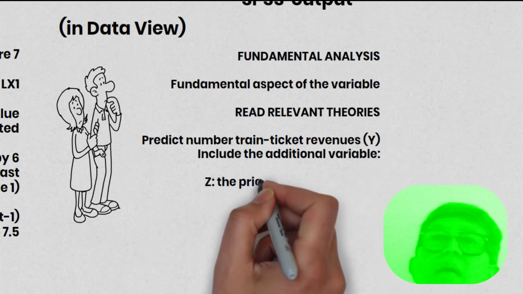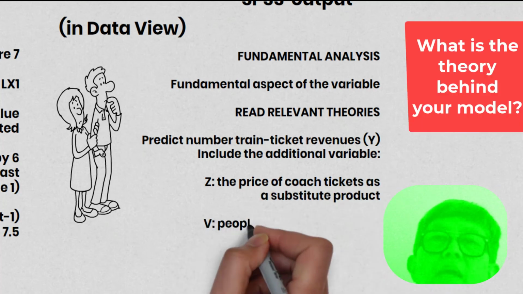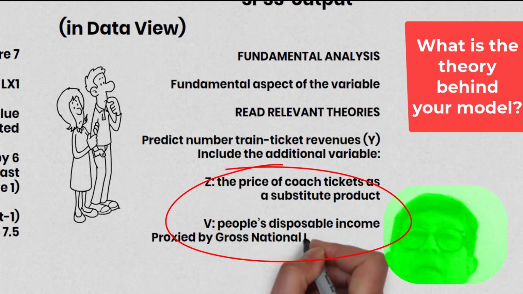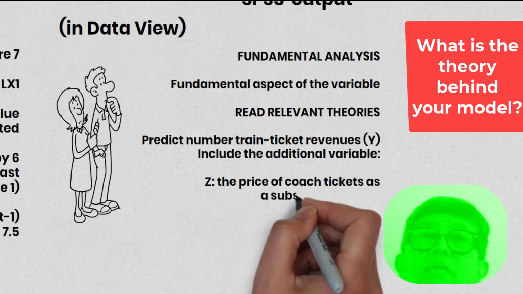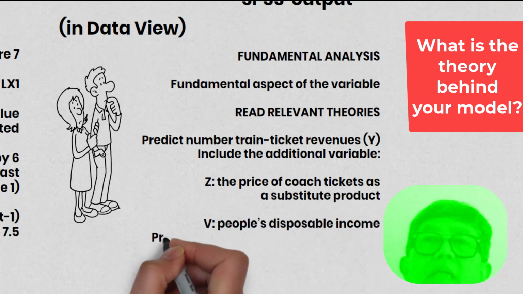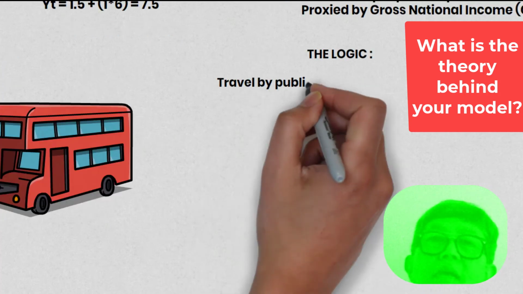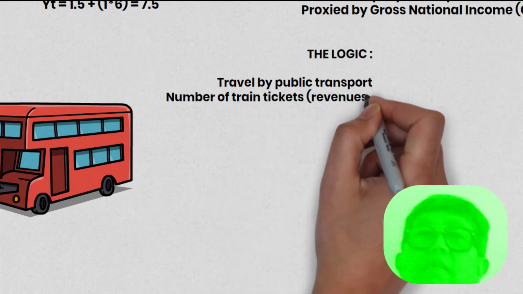In this case, to predict the train ticket revenue Y, you can include an additional variable, Z for example, as the price of coach tickets, as a substitute product, and V for example, as people's disposable income, as proxied by gross national income.